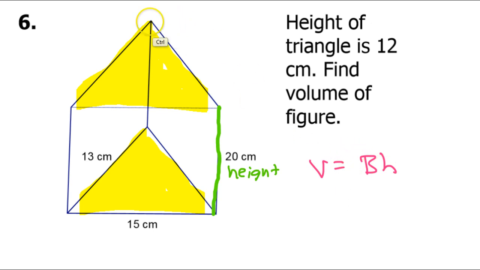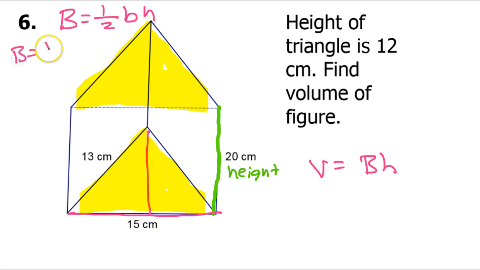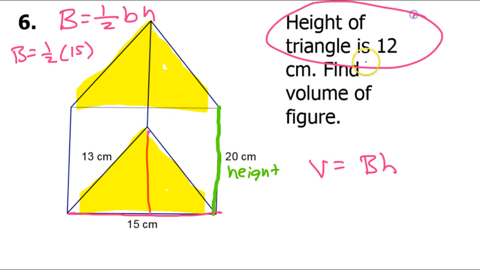So the first thing we have to do is figure out what is the area of the base. Well, the area of a triangle is 1/2 base times height. So let's see. Here I'll use this triangle right here. Here's the base, and here's the height. So the base is 15, so this is going to be 1/2 times 15 times the height. Now, what's the height of this triangle? Well, they mentioned in the problem that it's 12.